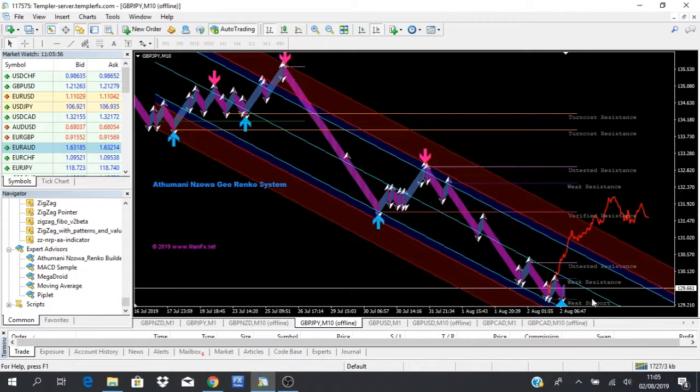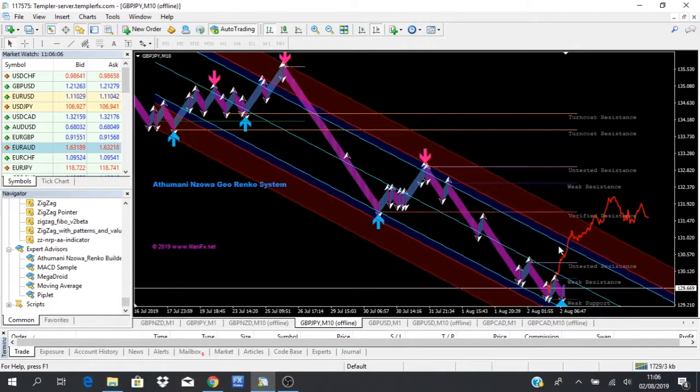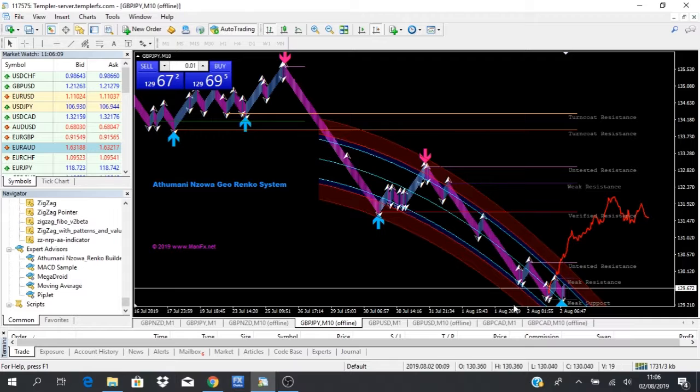So maybe I thought I would have much more space to go and buy and come back up. But coming to my current template, this is a clear sign that it is a bit dangerous to buy at this moment, even if we got the signal.